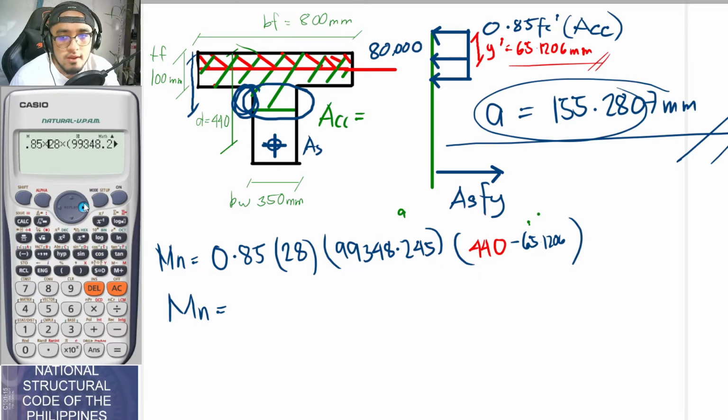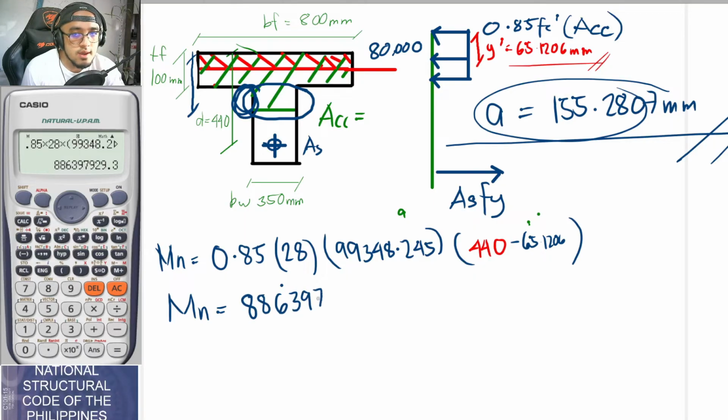So 0.85 times 28 times 99348.245 times 440 times 65.1206, and our answer here is to be 88,639,799.3 Newton millimeter.